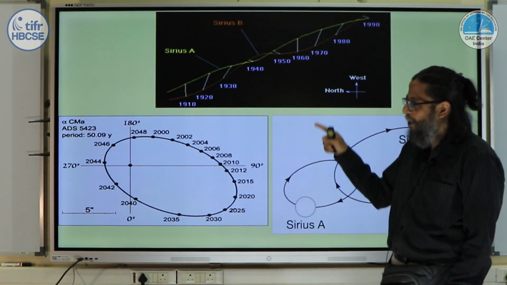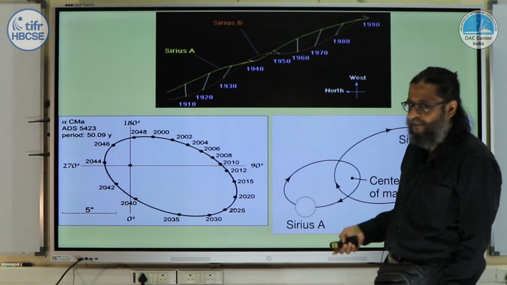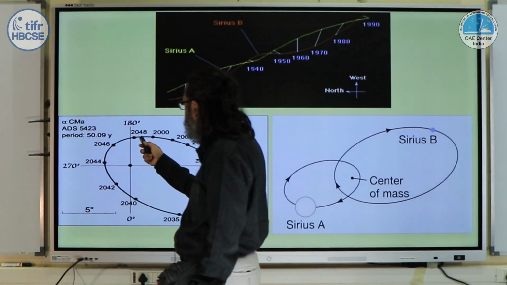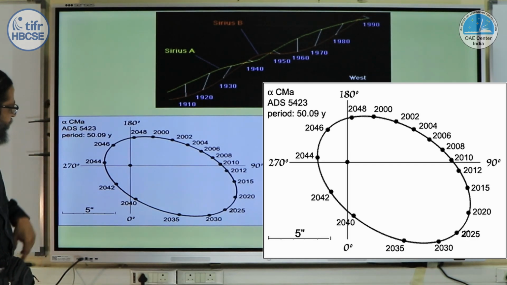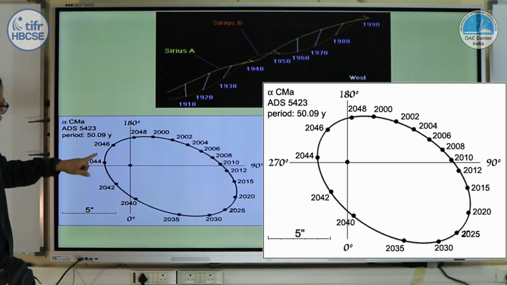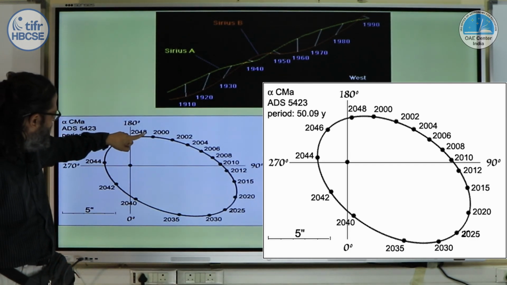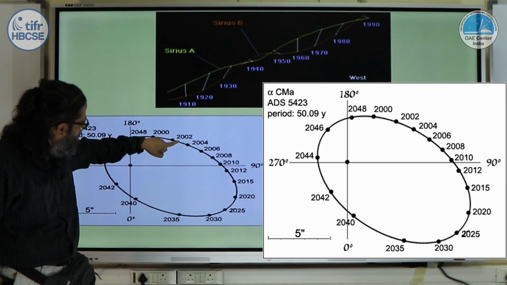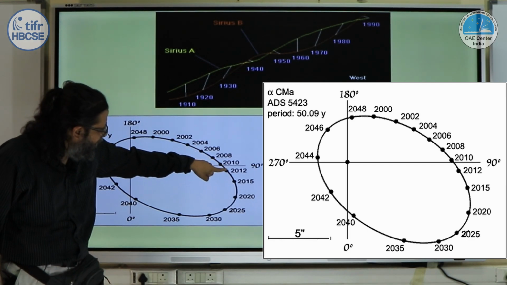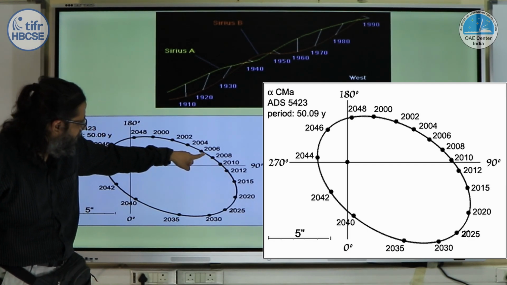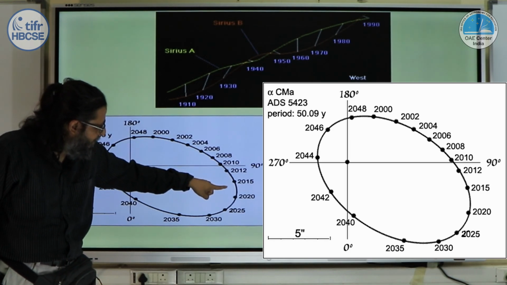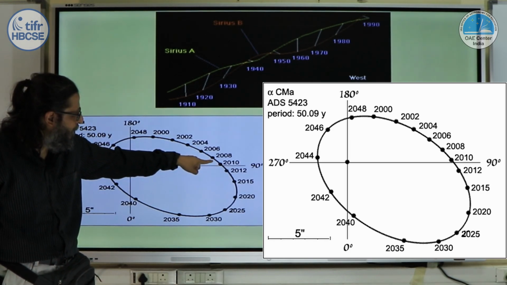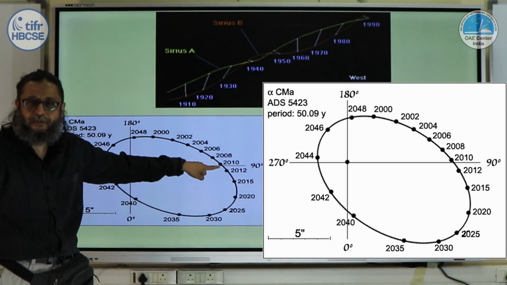Now coming back to the dynamics of the system. So this is the elliptical dynamics of Alpha CMa. You can see that we have observations around 2000, 2002, 2004. These are the observations which were made, and from these observations it is predicted, because this observation was made around 2008, 2010.